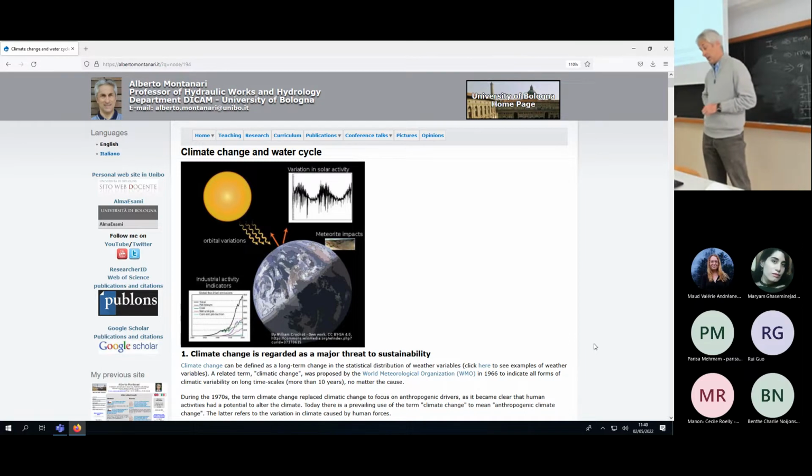In the same way as it is obvious that humans are modifying climate, it is also obvious that climate is naturally changing. We know that there were glaciations before humans, and therefore we know that climate is subjected to change. So these are trivial things. The difficult thing is to make a quantification.